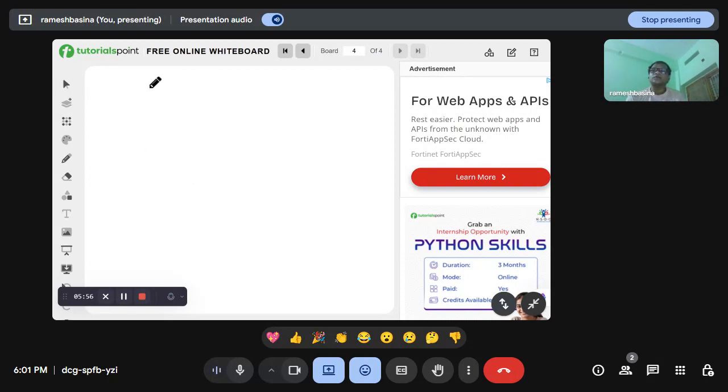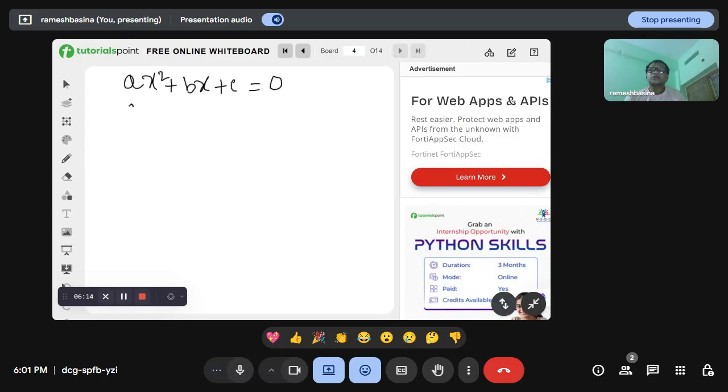Now, the general form I already told you. This is the general form: ax square plus bx plus c is equal to 0. Here, first, to get x square alone in the equation, divide everything by a.